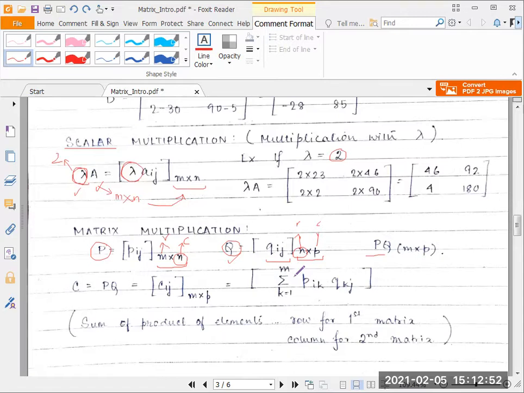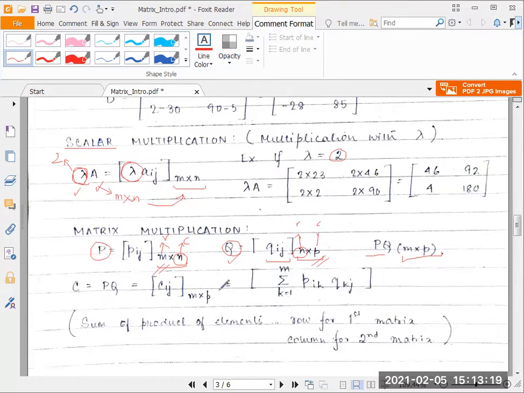The next question is, what is the dimension of the resultant PQ matrix? The resultant matrix's dimension will be the number of rows of the first matrix and the number of columns of the second matrix. If it's M cross N, N cross P, then the dimension will be M cross P. So that's the dimension of the resultant matrix.